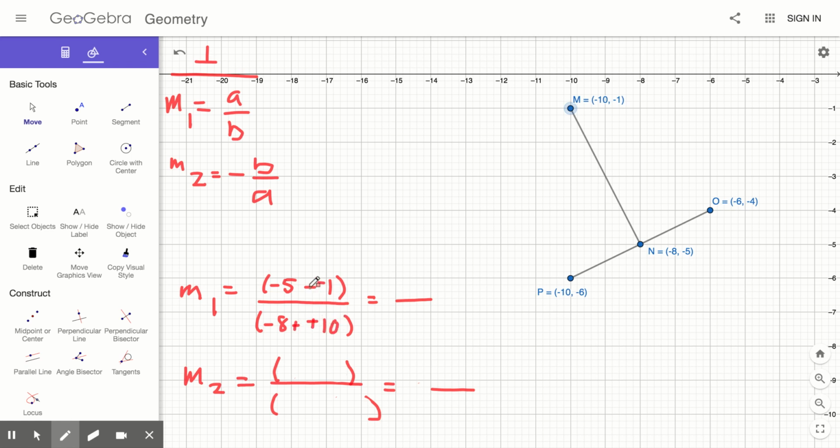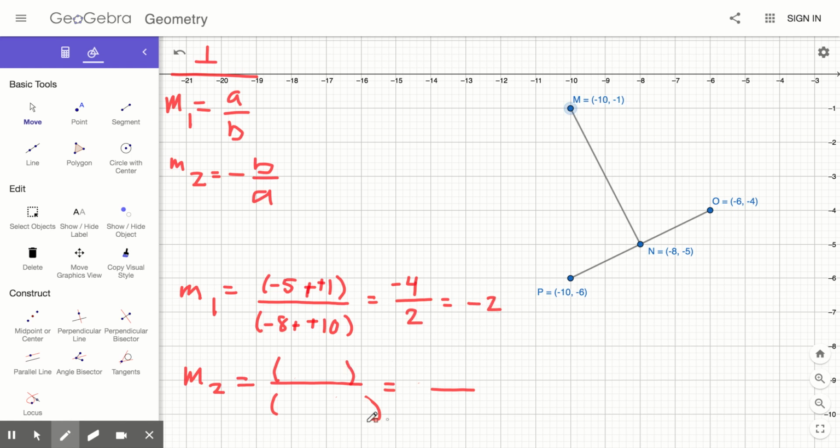These negatives turn positive, so that means we have negative 4 divided by positive 2, which would give us a negative 2, right? We can keep it as this so that we can see the negative reciprocal, or we know the slope is negative 2.